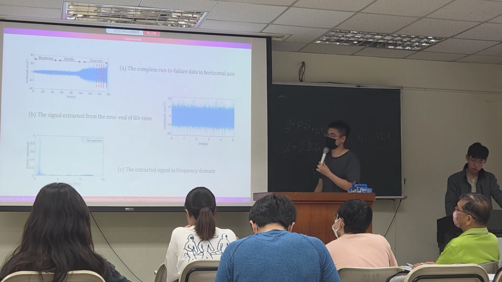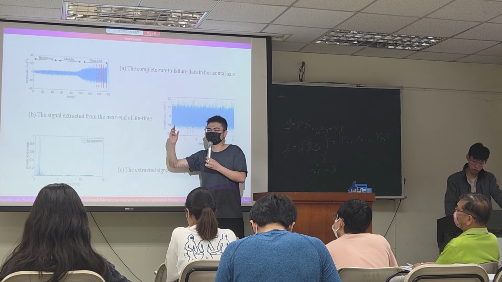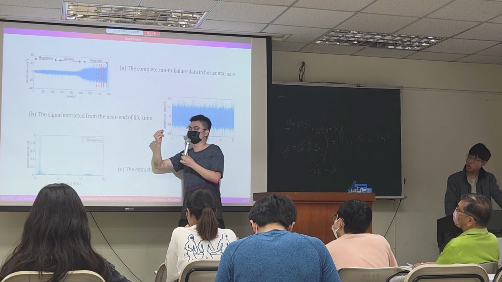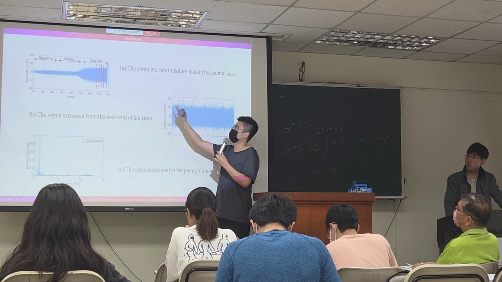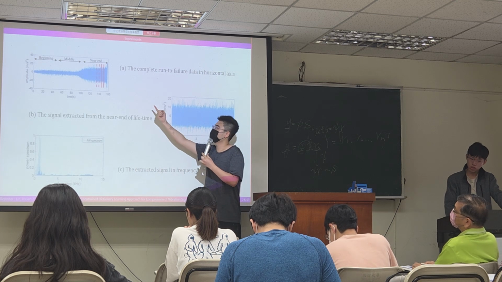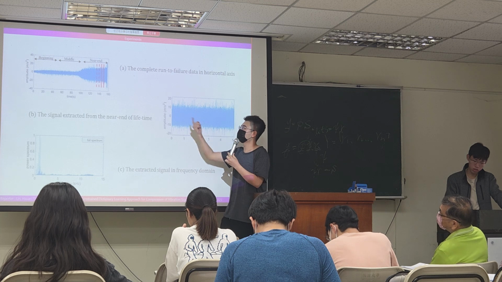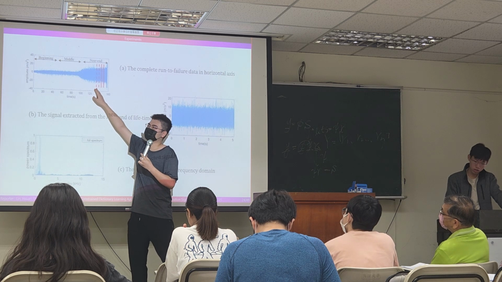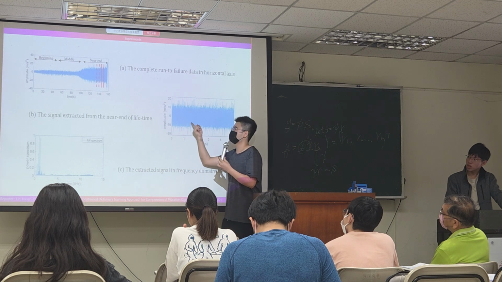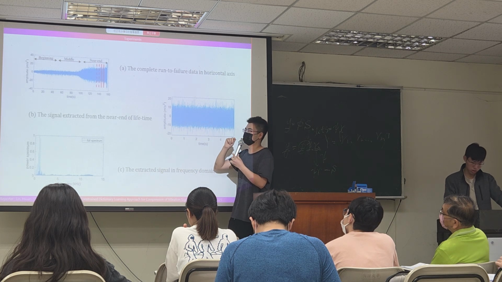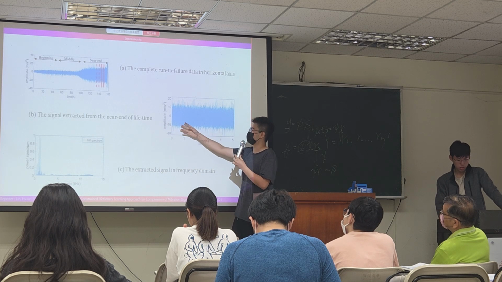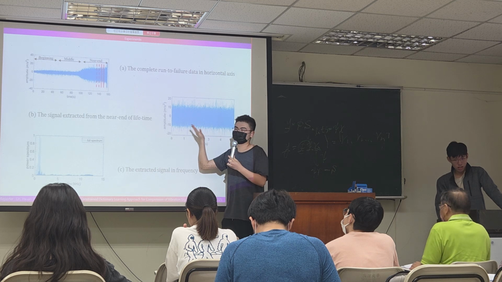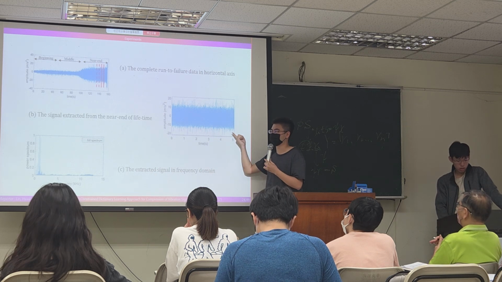Okay, next. This is the original signal. It becomes more functional, so we use these two lines, the middle one left to right like this. That is the time domain.